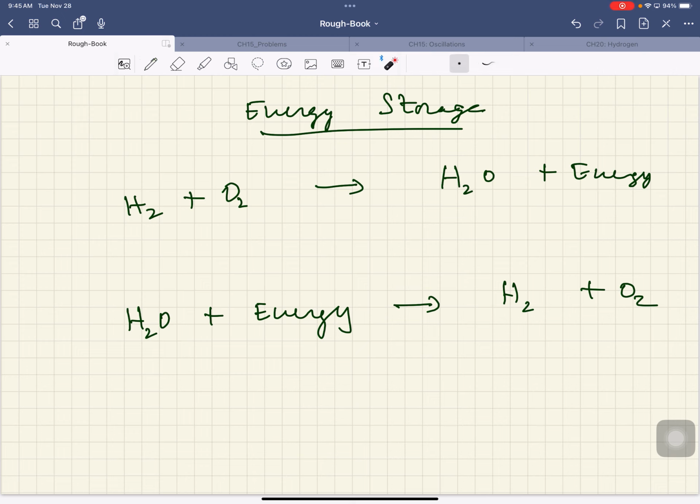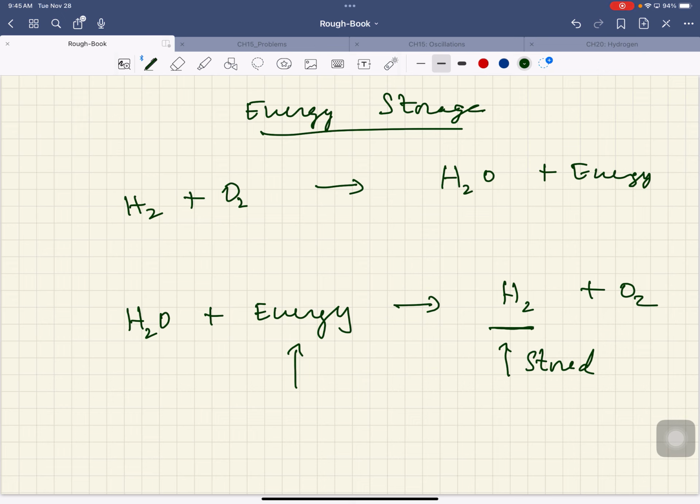Okay, so this was the input. You put in energy, and where did the energy go? To create the bonds, the energy is in the bond. Yeah, it got stored here. That's what happened.